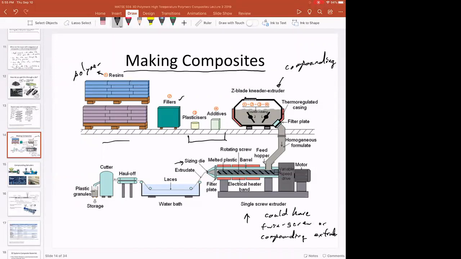And then you cut it back up into plastic pellets, and so now you have composite feedstock. And of course, this is showing plastic pellets, but you could take this and make it into filament if you want, or if you play your cards right, you can take this off as filament right here.